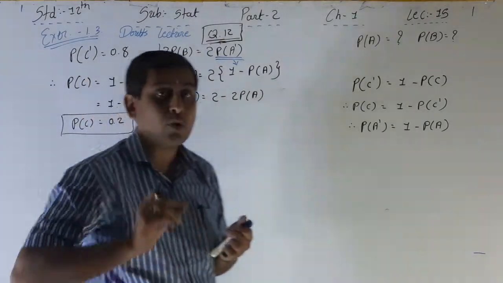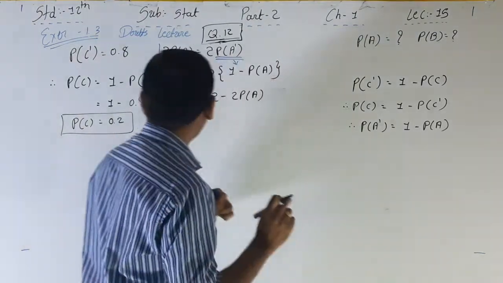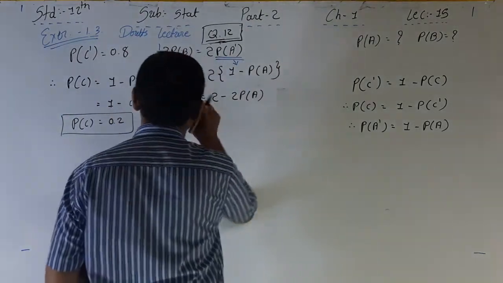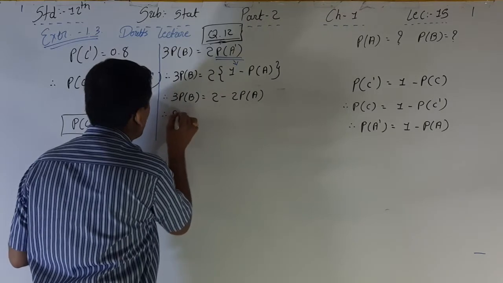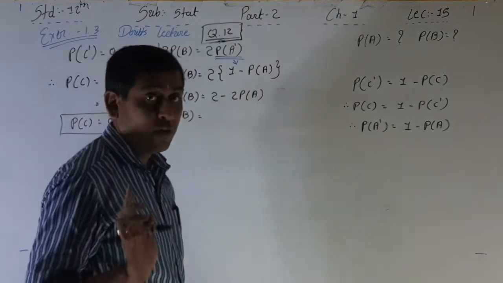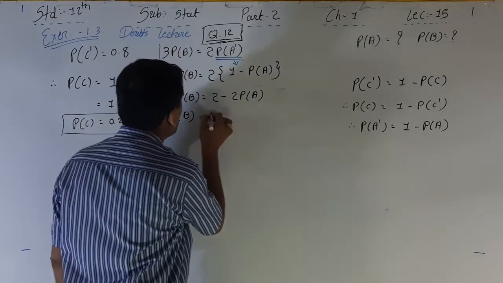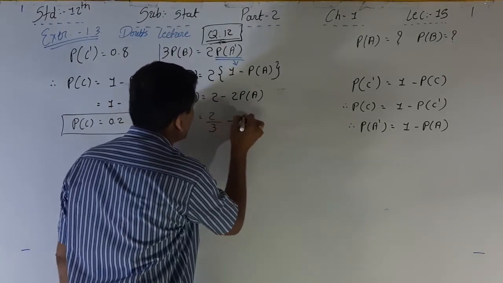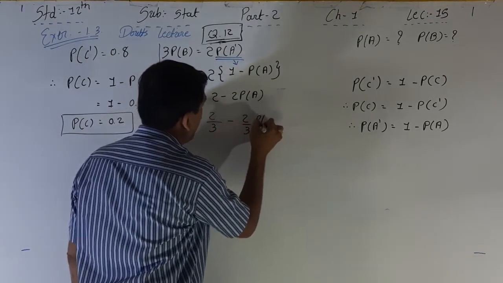Okay. Now, therefore we can say P of B is equal to what? P of B is equal to 2 by 3 minus 2 by 3 P of A.